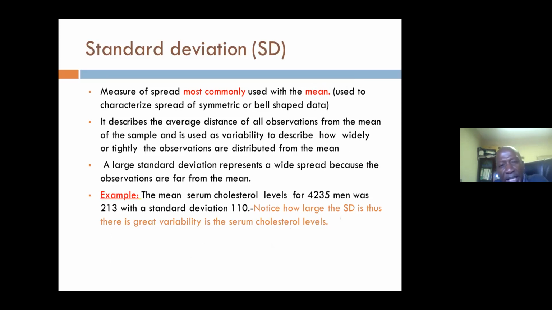So when you use the range, you are basically making use of the extreme values in the data set, the maximum and the minimum. The range is sensitive to sample size. As sample size increases, the range may change dramatically, because the maximum value and the minimum value may also change as you increase sample size.